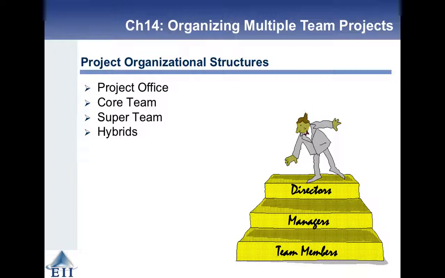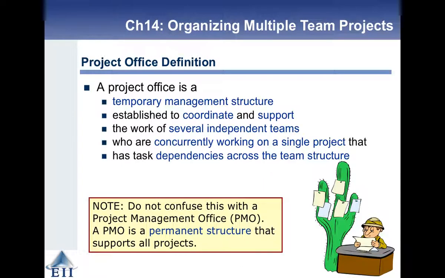Right, so the way you deal with this is some sort of organizational structure: project office, the core team, the super team, and hybrids. So a project office is a temporary management structure that coordinates and supports the project.